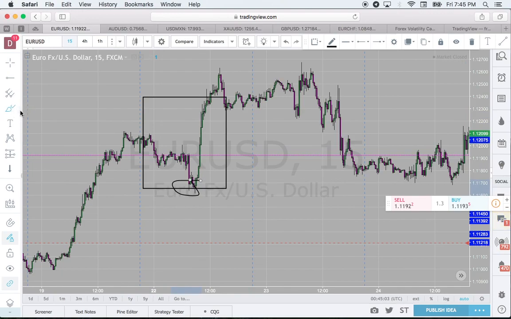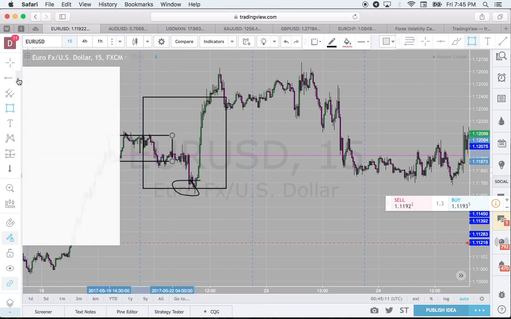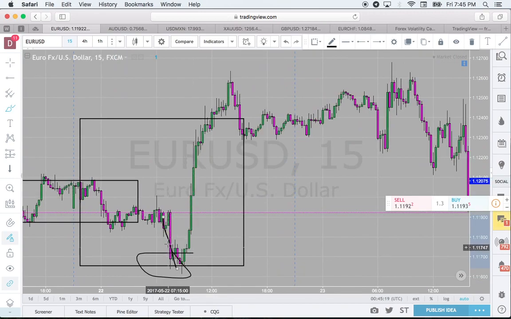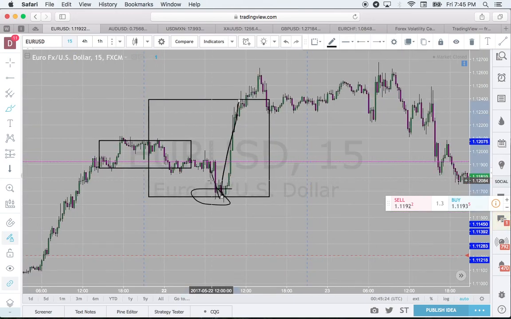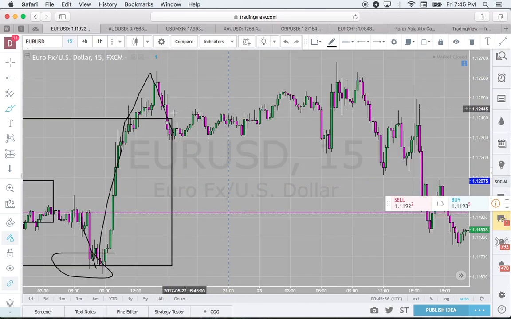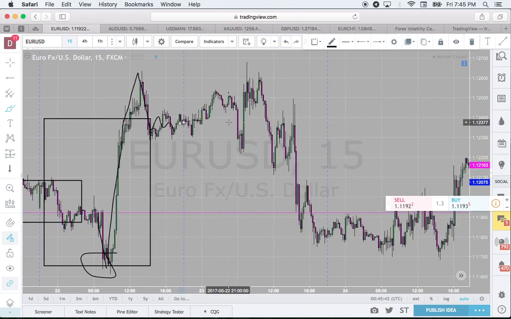After that, that consolidation period, and then that spike to the low, we can see that is the stop hunt to the low, that large candle, and then comes up off the low, spikes to the high, also fills the ADR upon spiking to the high, and then comes off of the high and then consolidates.